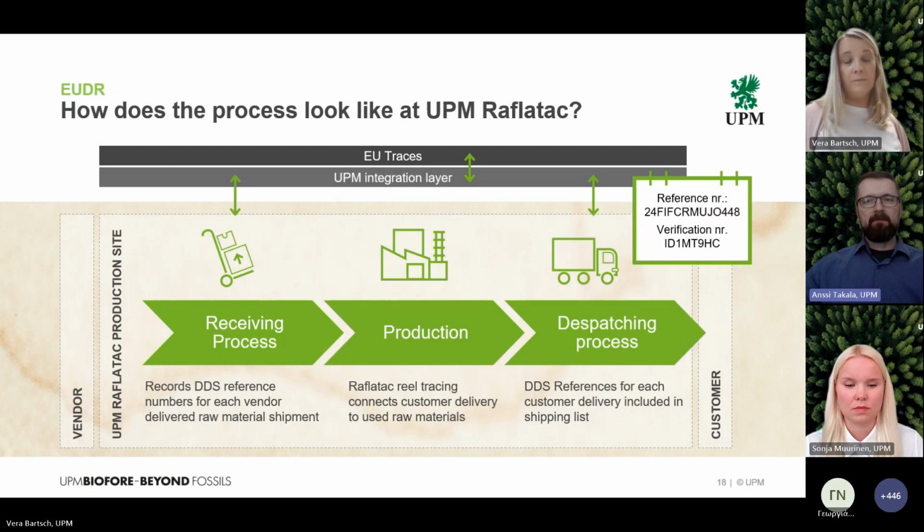Before that can happen, we have to run through normal material receiving and production processes. During material receiving, we will record and validate DDS references we get from our vendors. Validation happens through that UPM integration layer. The production process is the final block connecting both ends together.